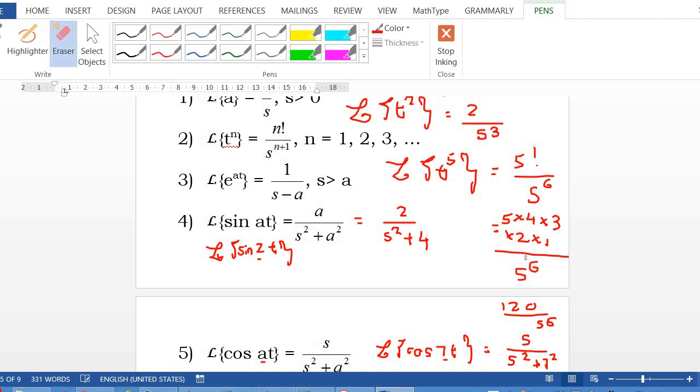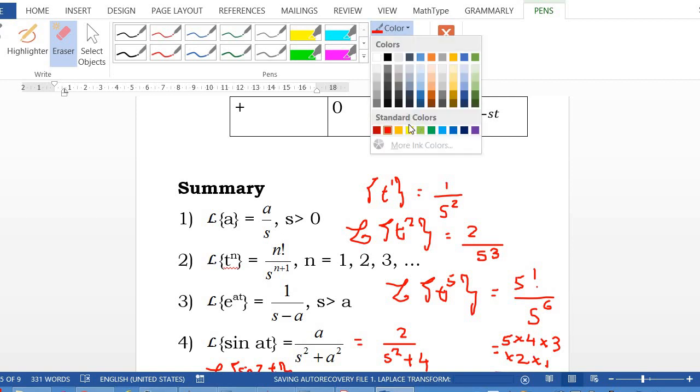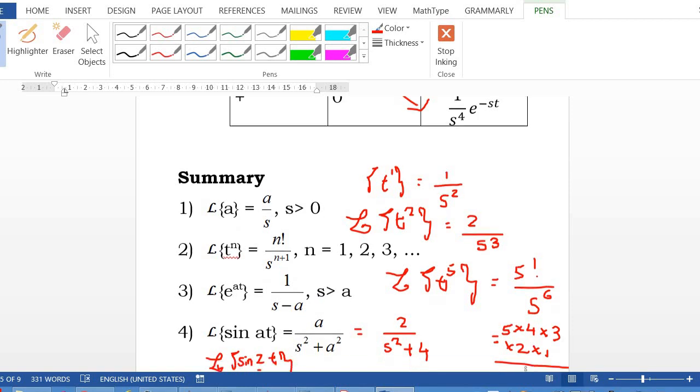Okay, so in conclusion, we have learned that the Laplace transform for a is a over s. The Laplace transform for t power n is n factorial over s to the power n plus 1 for positive integer n values only, not fractions. The Laplace transform for exponent at is 1 over s minus a for s greater than a.